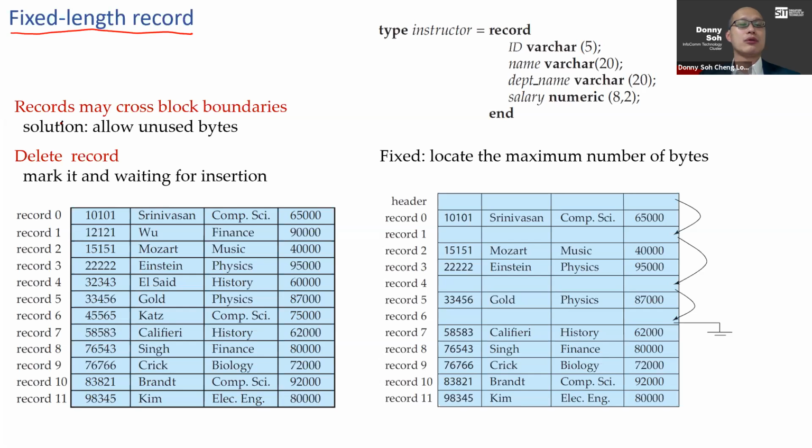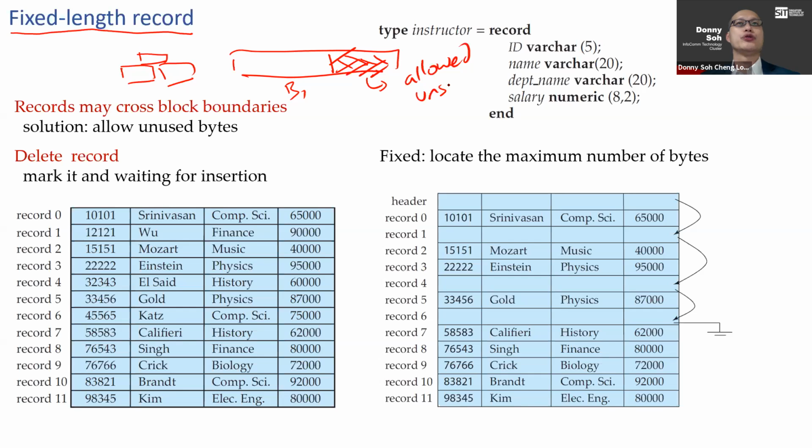There may be issues, as I mentioned earlier, of records crossing boundaries, and the solution is that if there is empty space at the end of a block, this will be allowed to be unused.